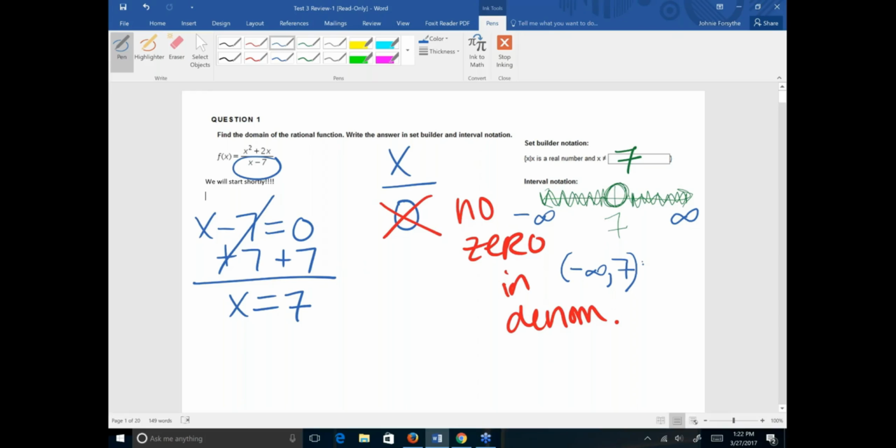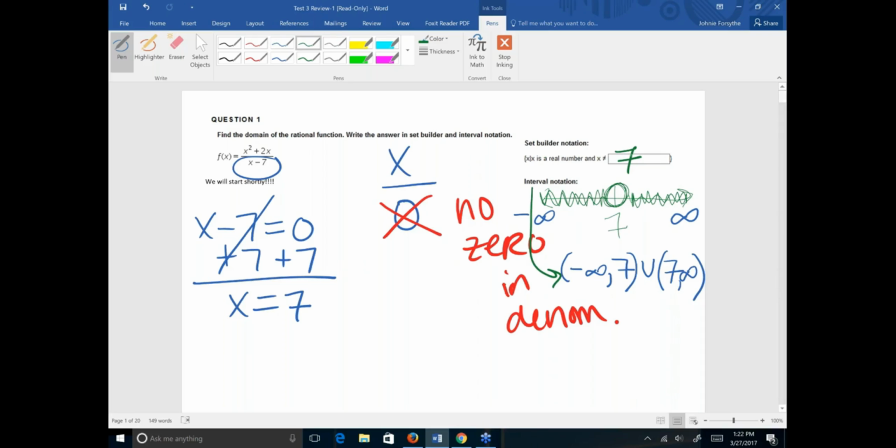So we're going to say union, 7 with the parenthesis, because we're still not including 7, comma, positive infinity, and then a parenthesis. So this is interval notation, and we already wrote set builder notation at the top.